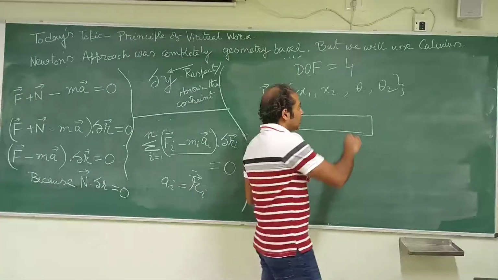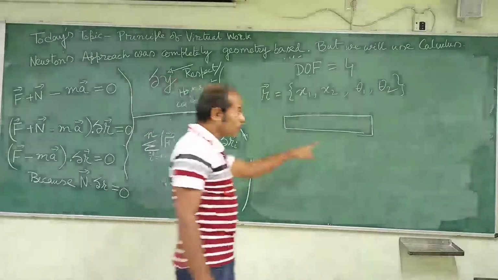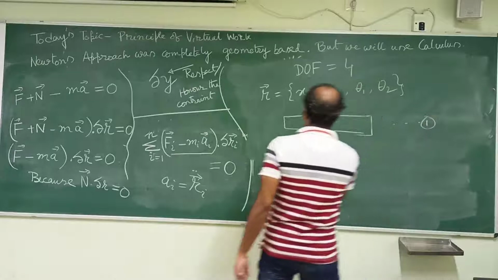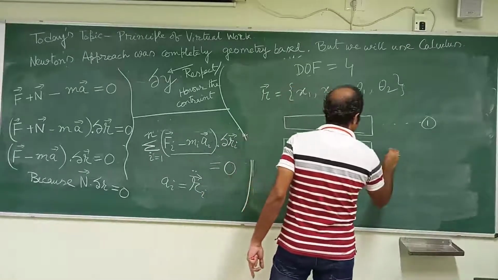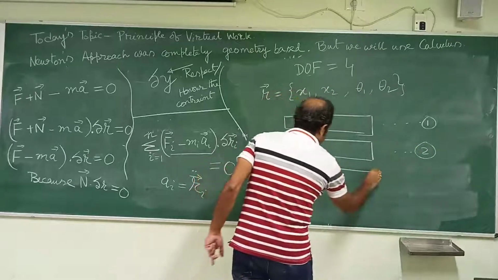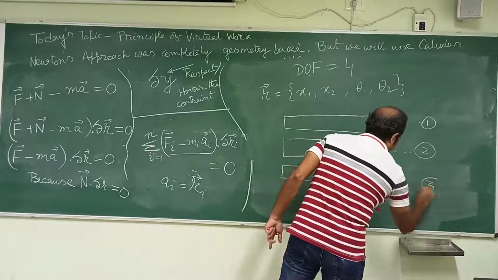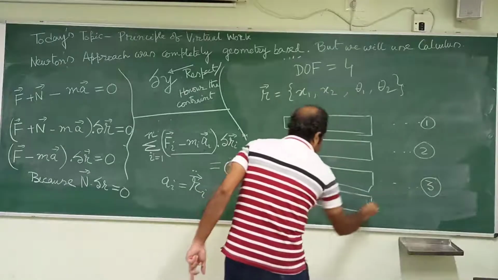As such, this one equation is going to give you 4 such equations. Let's say this is the first equation. After that, you are going to get the second equation. After that, you are going to get the third equation. After that, you are going to get the fourth equation.